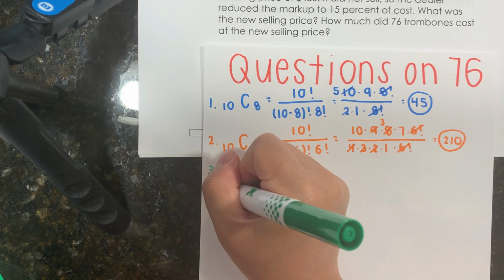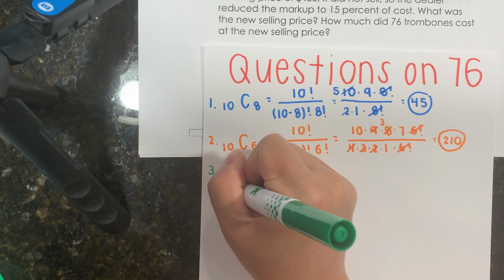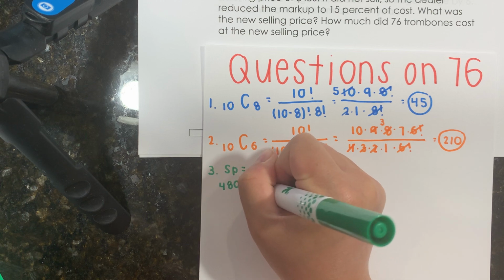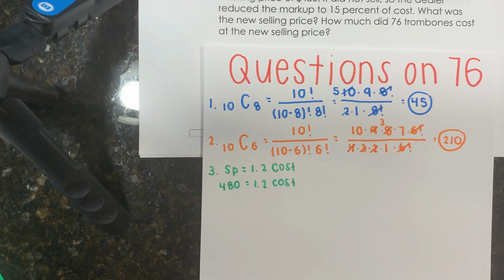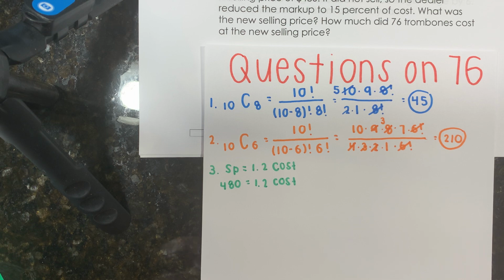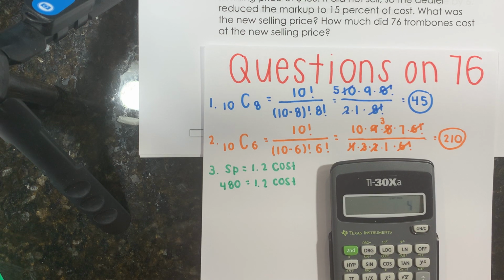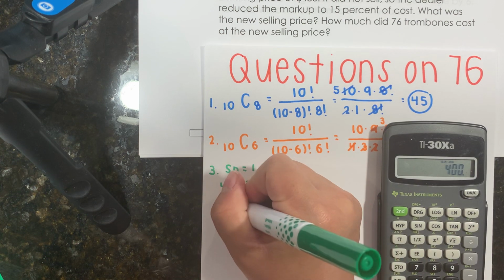The selling price is $480, which means 480 divided by 1.2. The cost is $400.